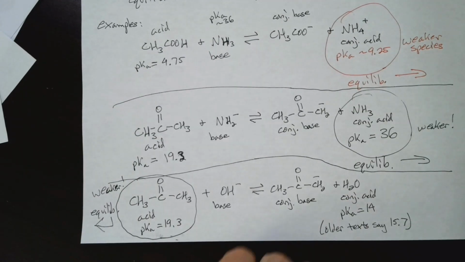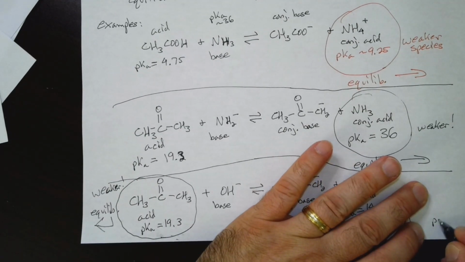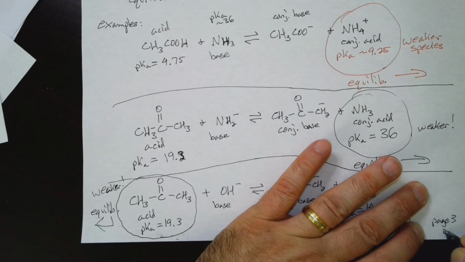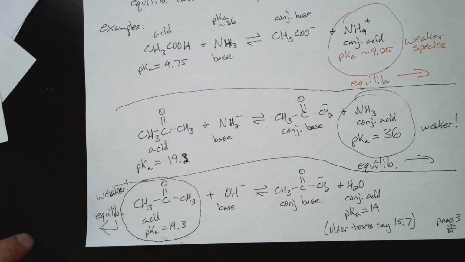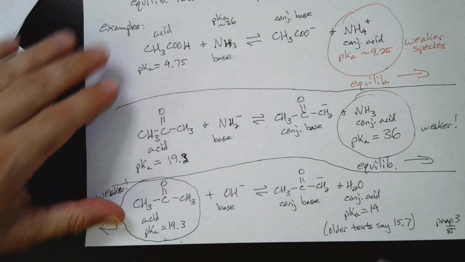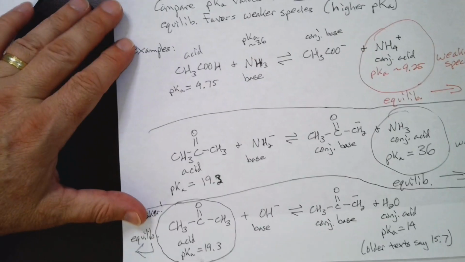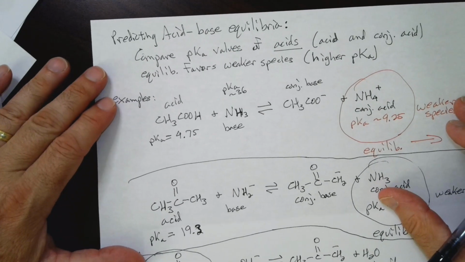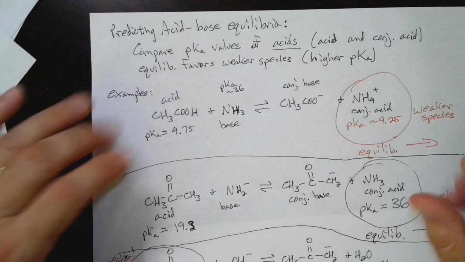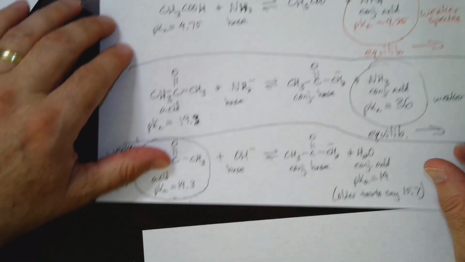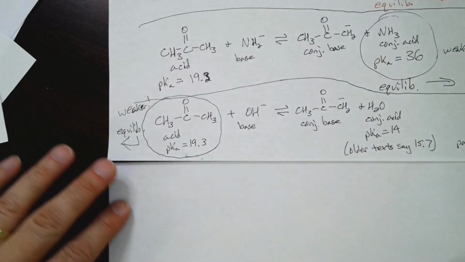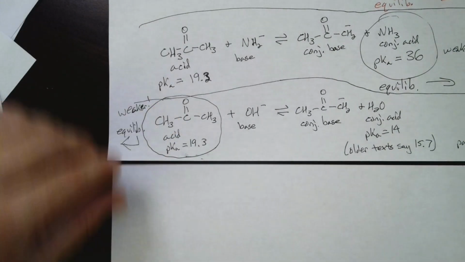So that's another thing that I just want to emphasize. We've got our predicting acid-base equilibria. We compare the pKa values, but we can also extend this to predicting just acid and base strength in general.